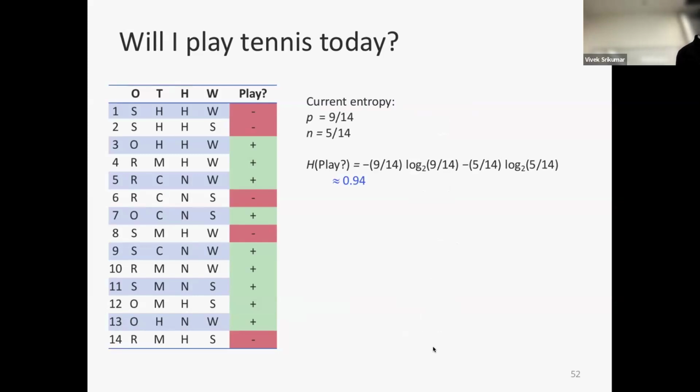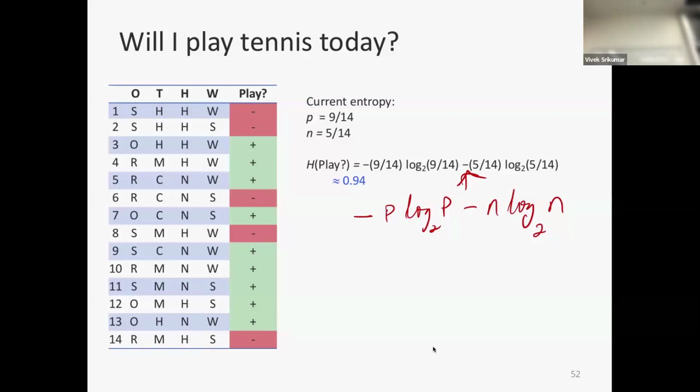The entropy is simply minus P log P minus N log N, which is what I've written here. If you work through the math, you'll see that this corresponds to roughly 0.94 bits of entropy. There's nothing particularly interesting or exciting about that. It's just what it is.